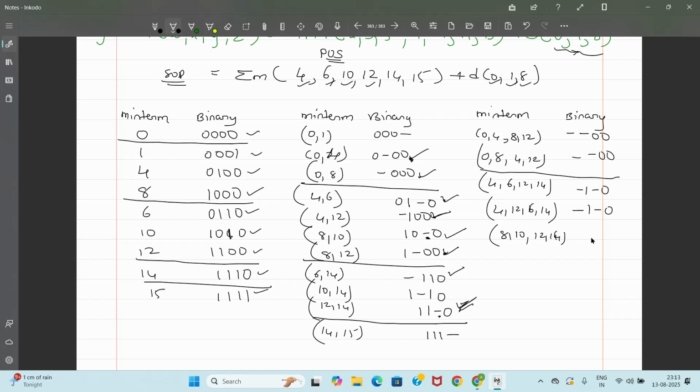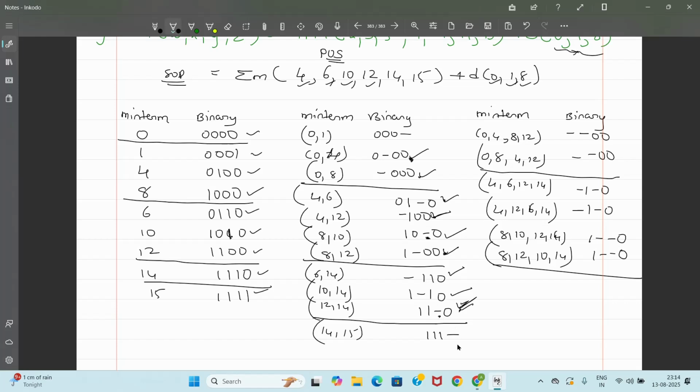You'll get 1 dash dash 0. And then 8, 12, 10, 14. Dash dash 0. Wait, that is 8, 12, 10, 14, dash 0. So all are done.